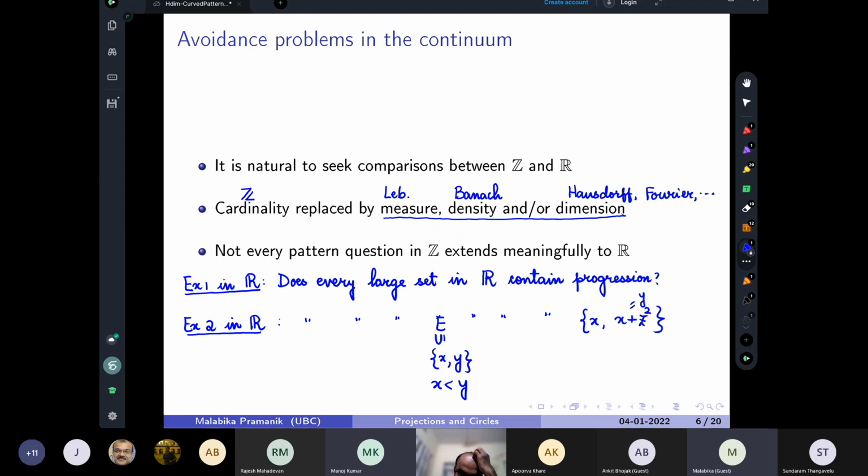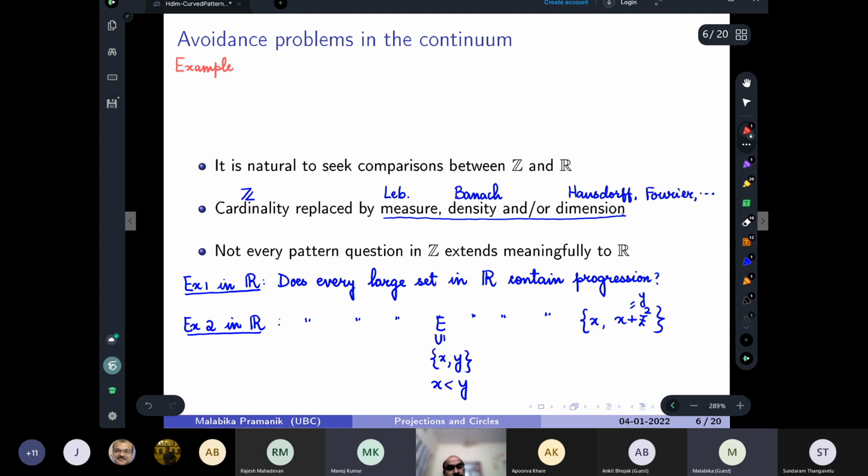However, one can maybe change one's point of view a little bit and cast this problem in R2. So this is going to be our guiding example, example 2 in the setting of R2. And we want to ask the following question.